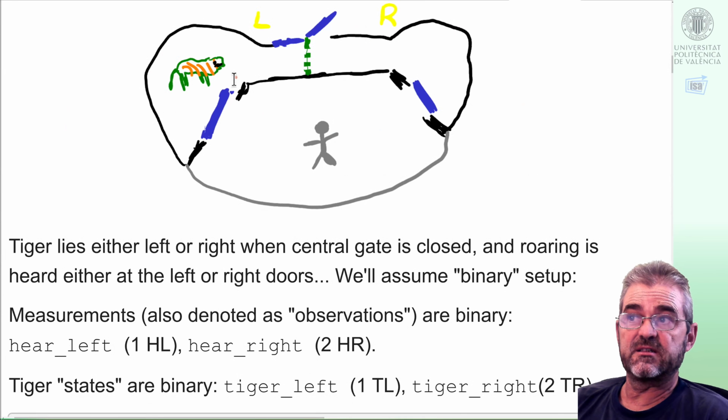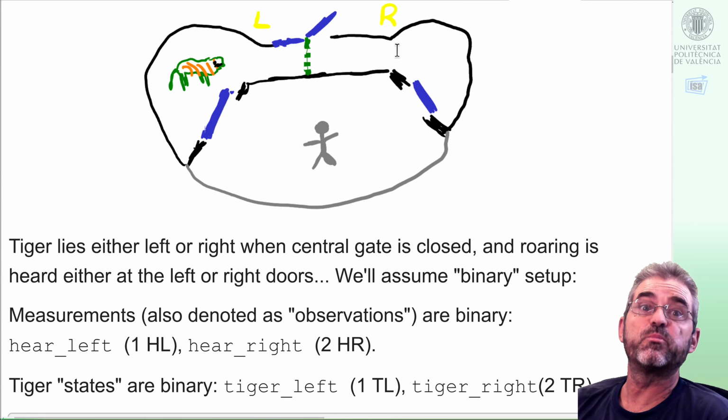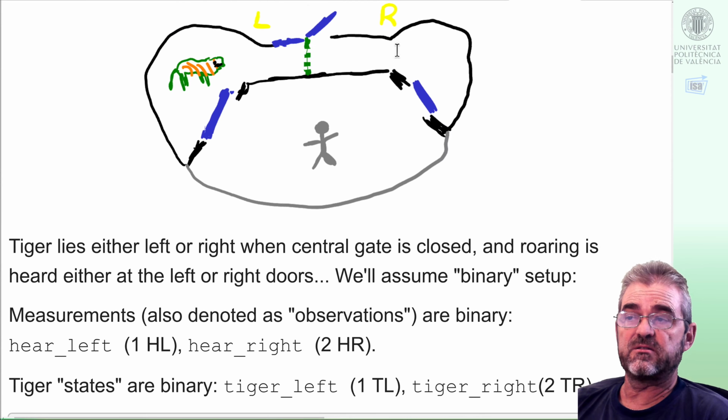We have this tiger world in which, at the moment I close this central gate, the tiger may be left or right with some prior probability, and when the tiger roars, it's heard in one of those doors. Maybe if it's roaring towards the passageway, let's say, then the roaring noise is heard at the wrong side.